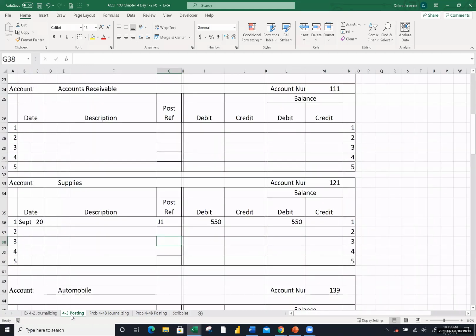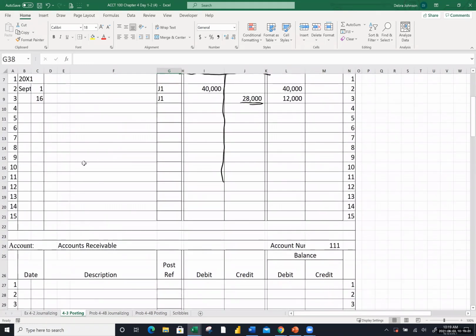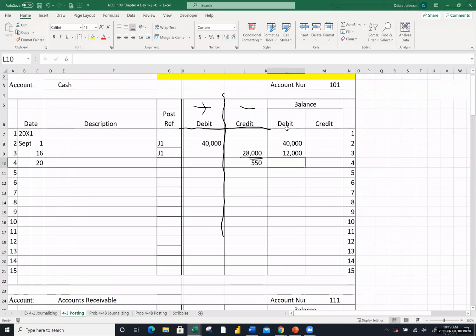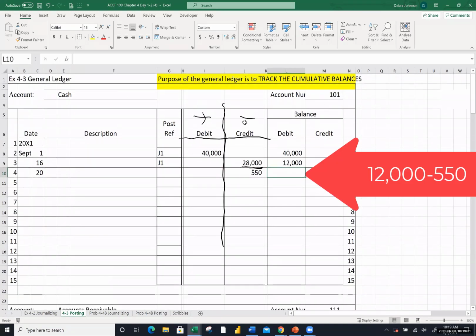Okay, cash is my first account. I'm going to scroll up to it, drop in the date, drop in the amount. It is a credit. And here's where, again, you got to pay attention because it gets a little tricky. Credits to assets pull the asset balance down. So I had 12,000. Here's my calculator. 12,000 less 550.